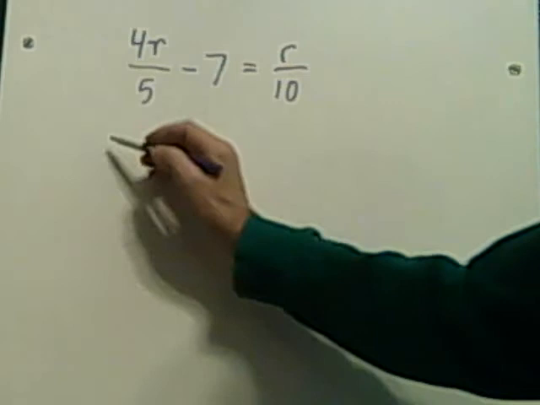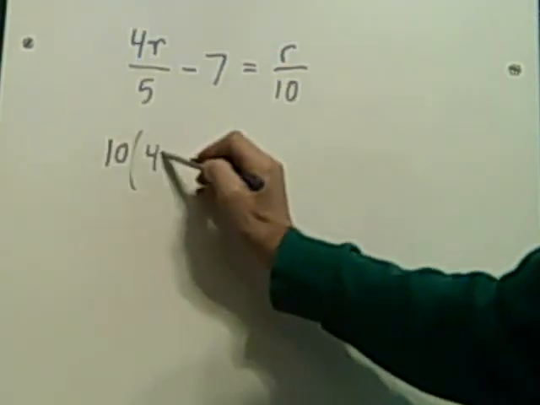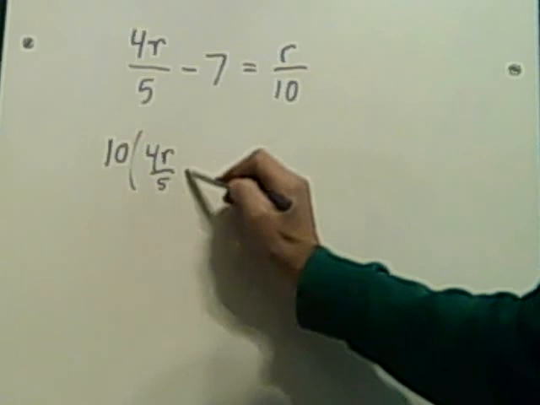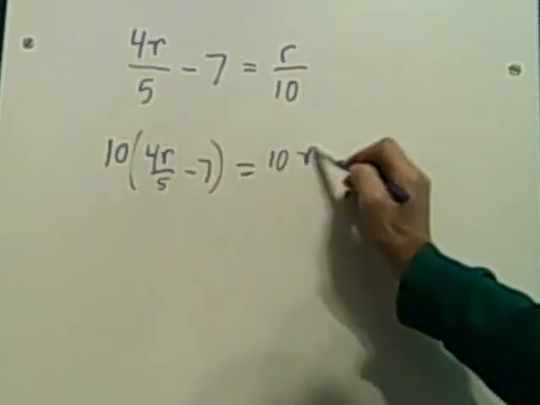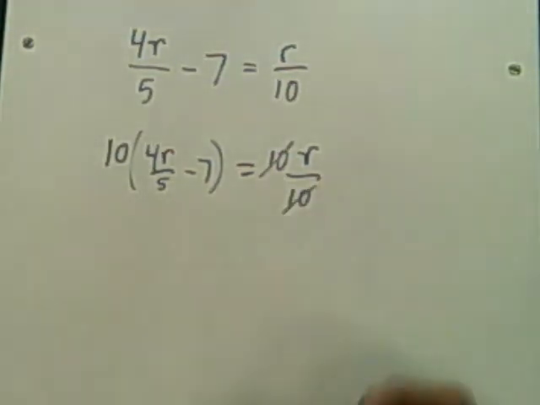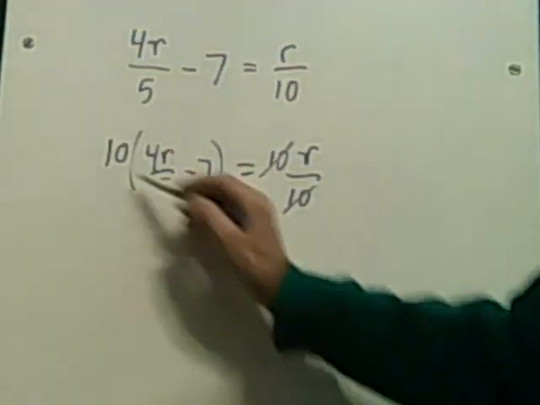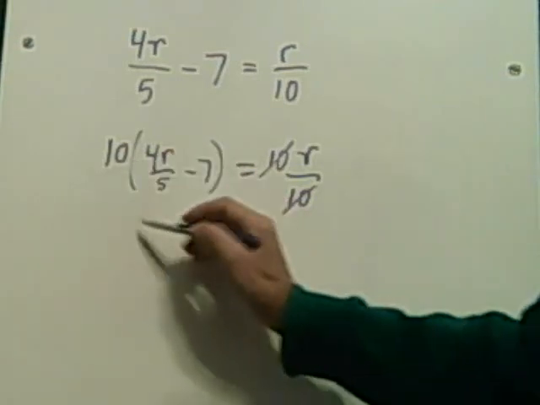Okay, let's just do that. Multiply both sides by 10. Multiply this side by 10. I multiply this side by 10. Those 10s cancel. This 10 and that 5 is going to be 2.